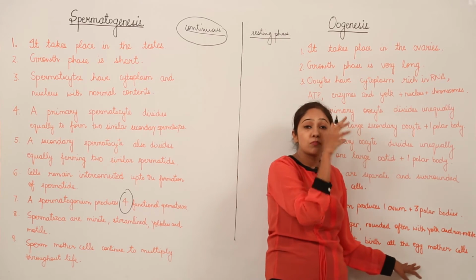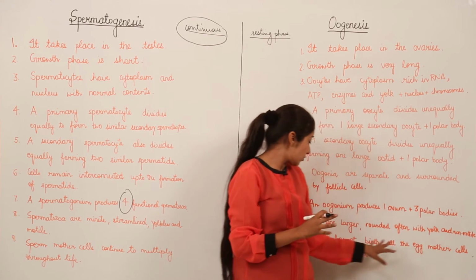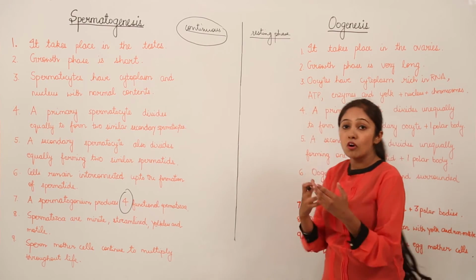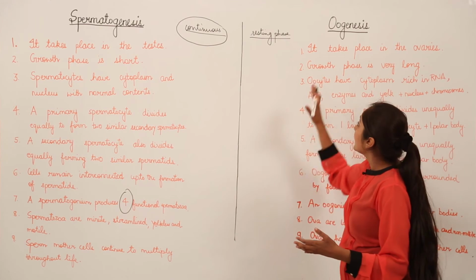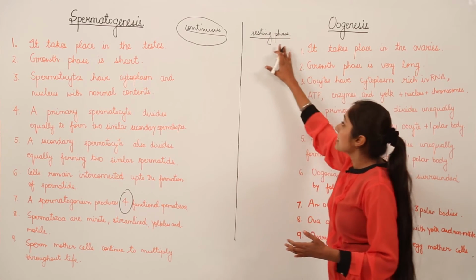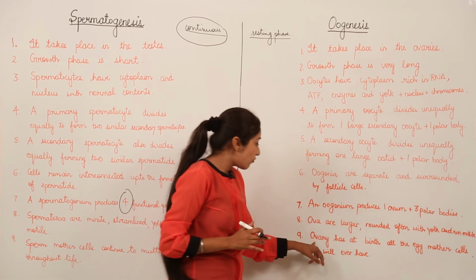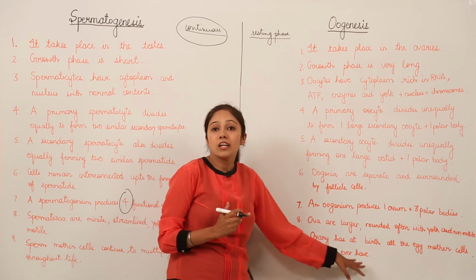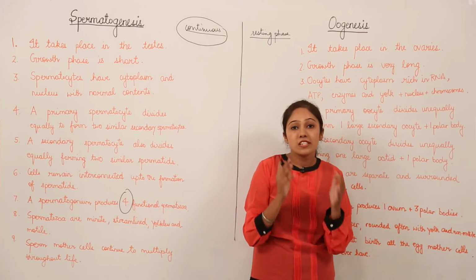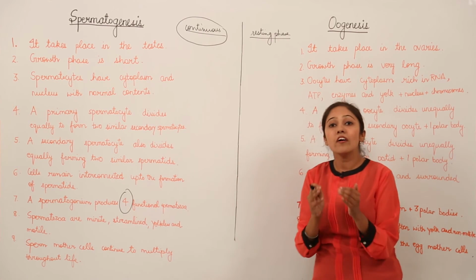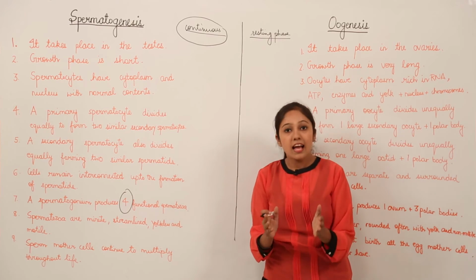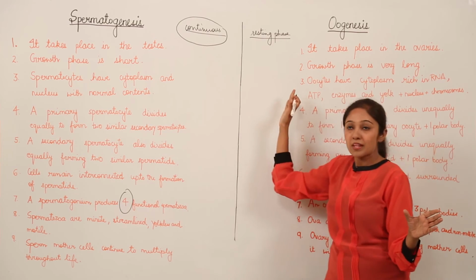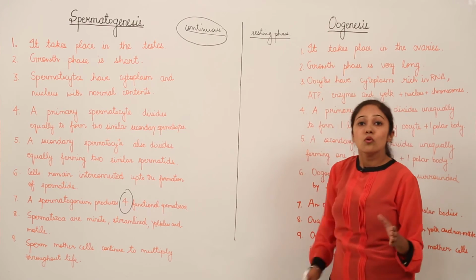Only those egg cells that were already present at birth are going to divide to form the mature ova or egg. Since it has a longer resting phase, the number of cells that will form ova or egg is already limited and fixed from the time of birth in case of oogenesis.